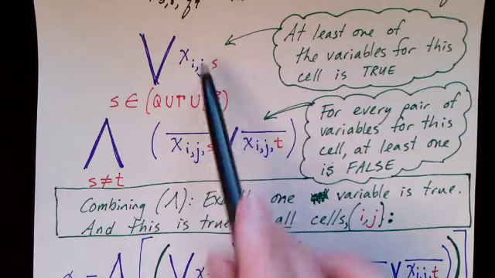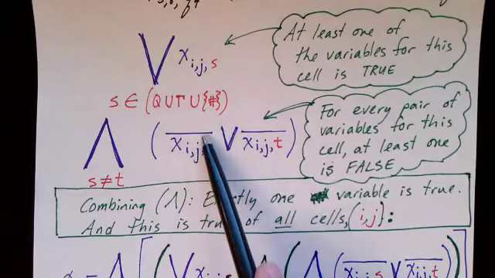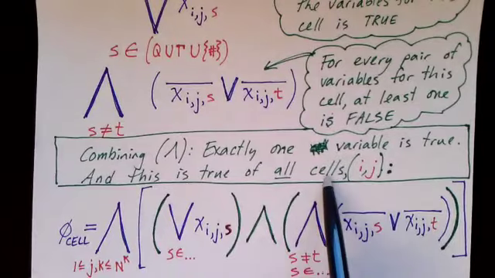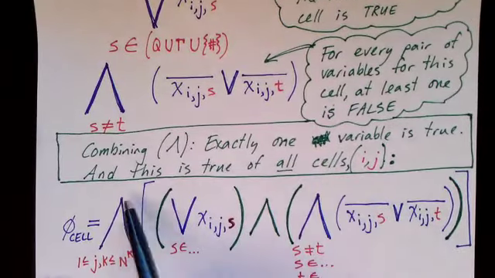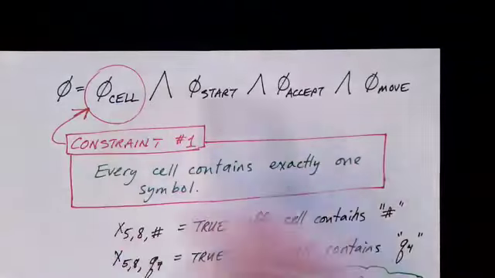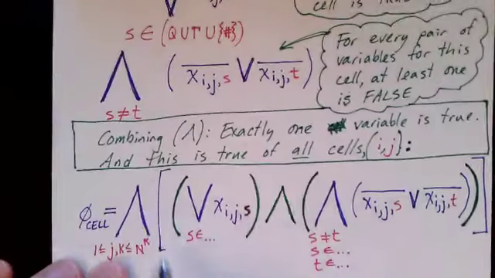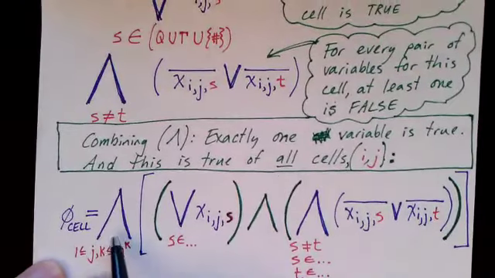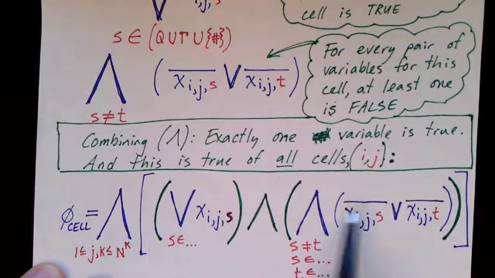So we're going to combine this piece and this piece with an and. We also need to do that for all cells, for all i, j. So this piece of our big equation is a statement that's true of each and every cell. Here I'm letting j and k range between 1 and n to the k.